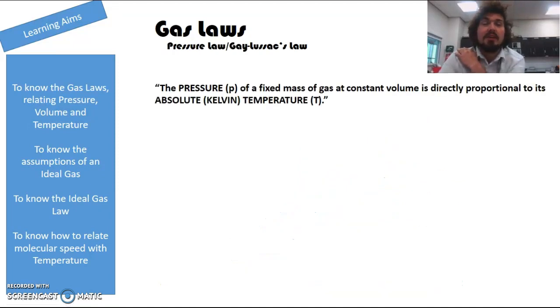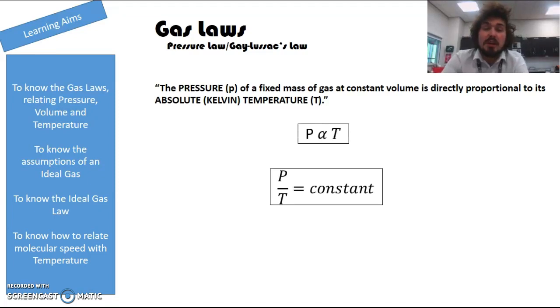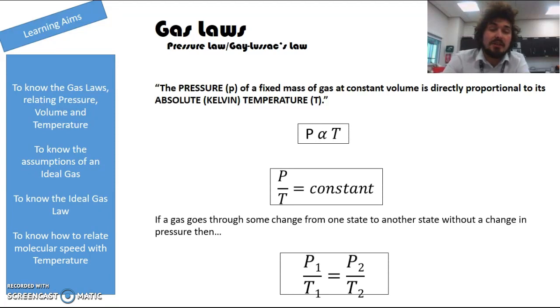There you go. The last of the three gas laws, even though it's not the last of them, is the pressure law, or Gay-Lussac's law, which states that the pressure of a fixed mass of gas at constant volume is directly proportional to its absolute Kelvin temperature T. P is proportional to T, so P over T is a constant, and if it goes from one state to another, then P1 over T1 is equal to P2 over T2.